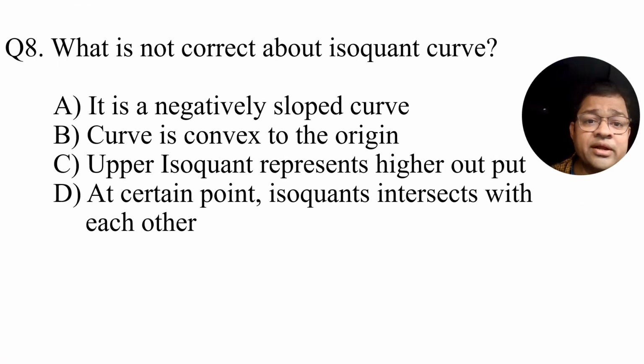What is not correct about the isoquant curve or iso product line? It is a negatively sloped curve. It is the correct answer. The curve is convex to the origin. It is the correct answer. An upper isoquant represents higher output. It is also the correct answer. At a certain point, isoquants intersect with each other.